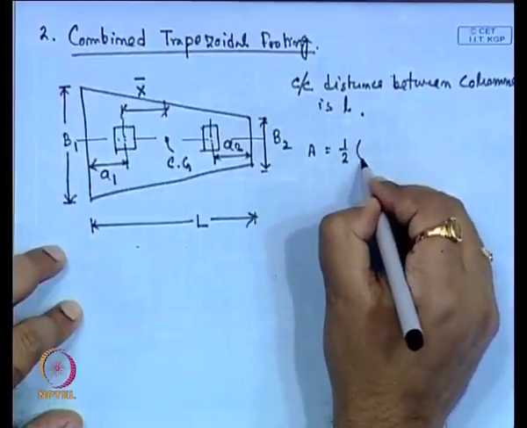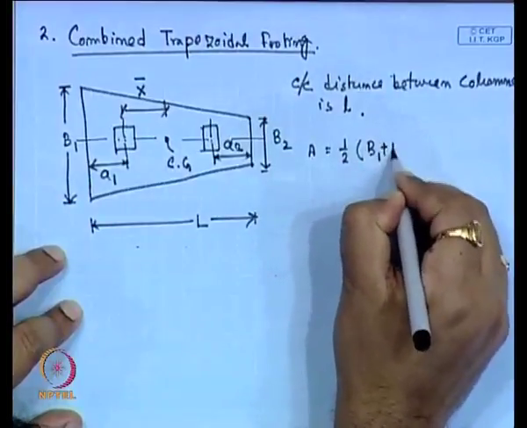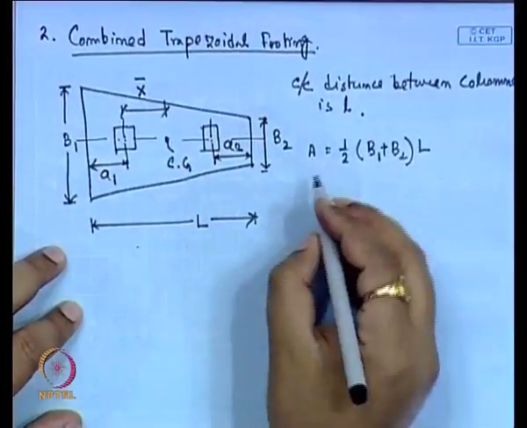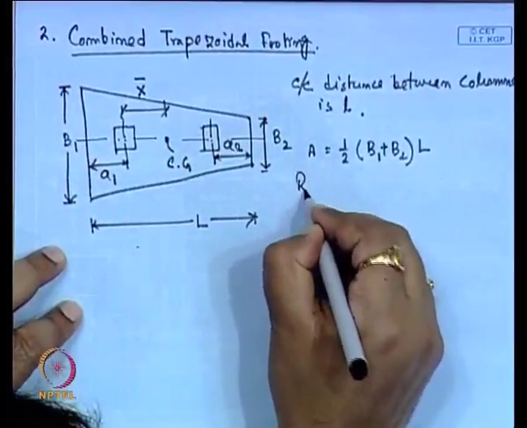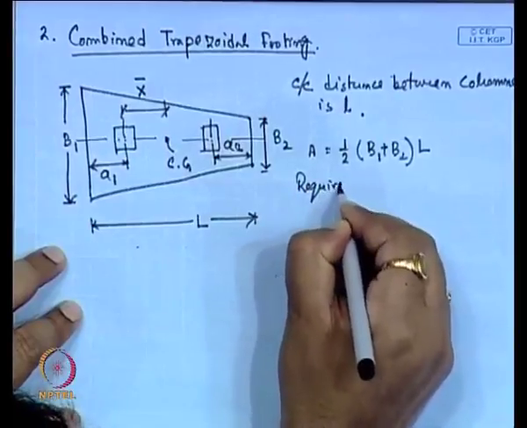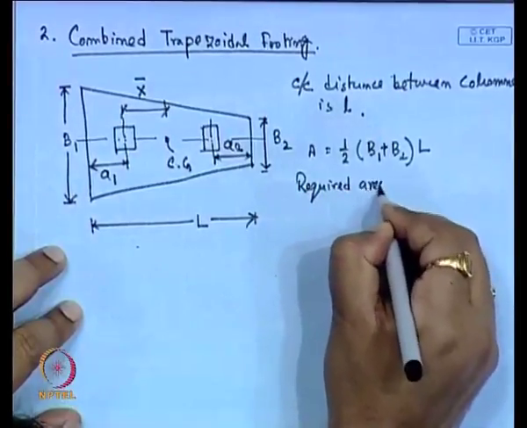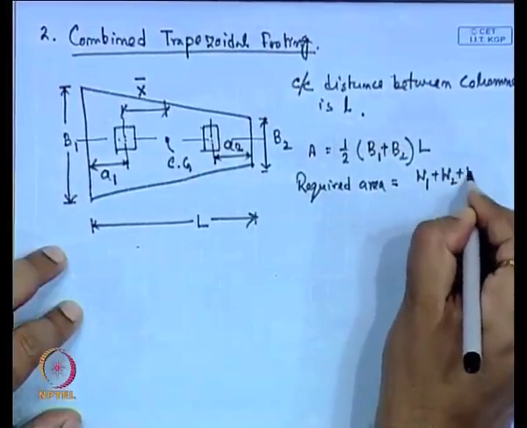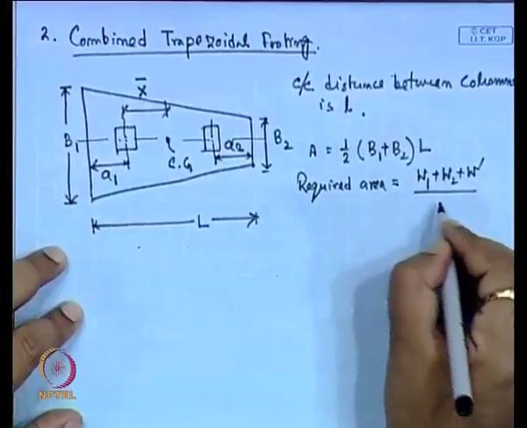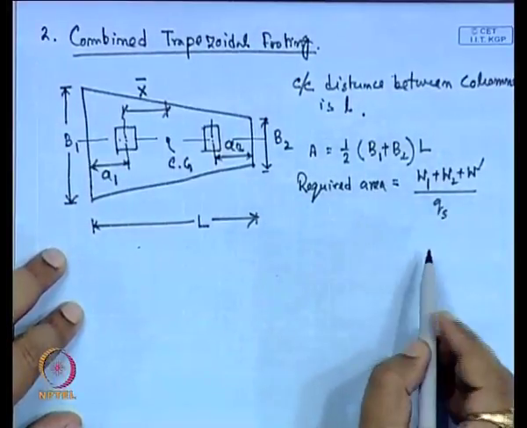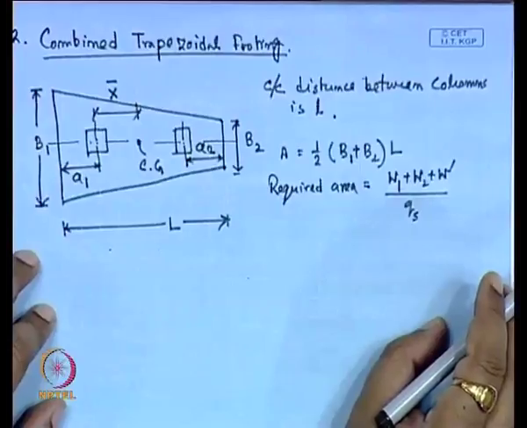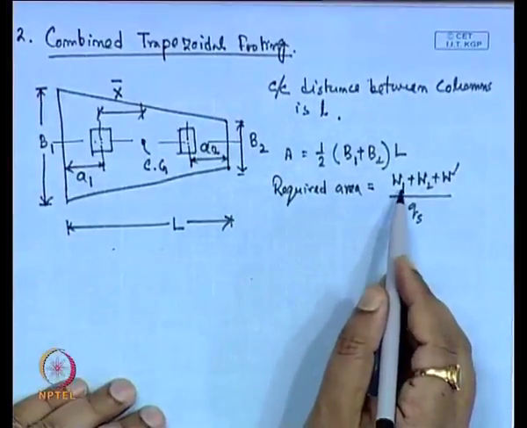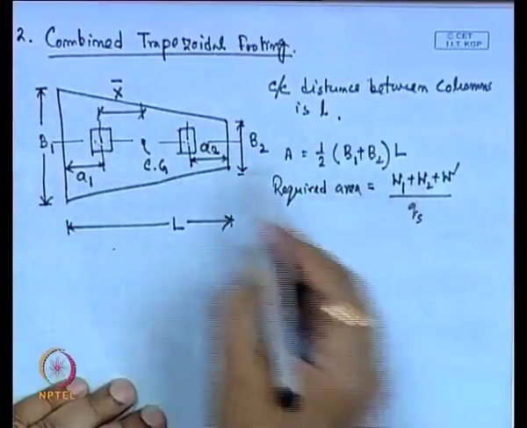This trapezium area is half of (B1 plus B2) into L. But the required area is again (W1 plus W2 plus W dash) divided by Qs. Here Qs is the same bearing capacity of the soil, W dash is the same weight, W1 is the load acting at the first column, and W2 is the load acting at the second column.